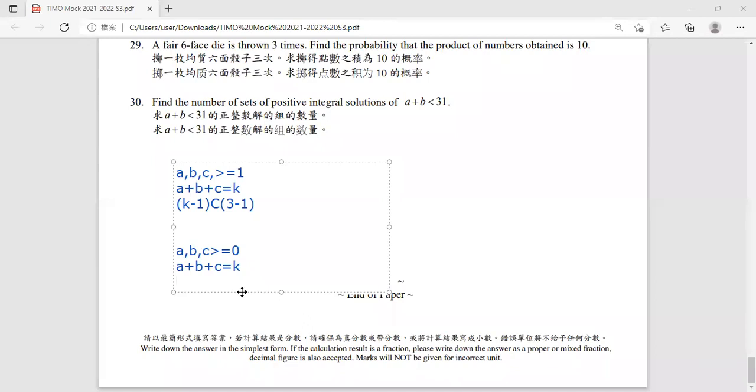So that will be K plus 2 C p minus 1. So you have to adjust the number first and then use the solution. Adjust the number first. Go to the basic.